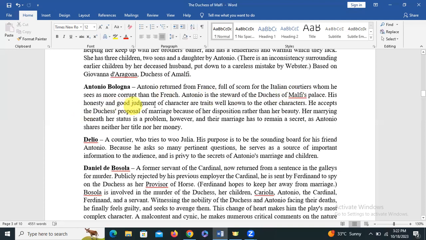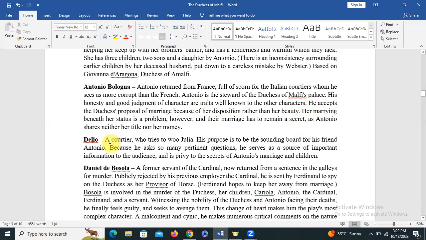His honesty and good judgment of character are traits well known to the other characters. He accepts the Duchess' proposal of marriage because of her disposition rather than her beauty. So the main reason for marrying the Duchess wasn't her beauty, but her character, the quality of her character.